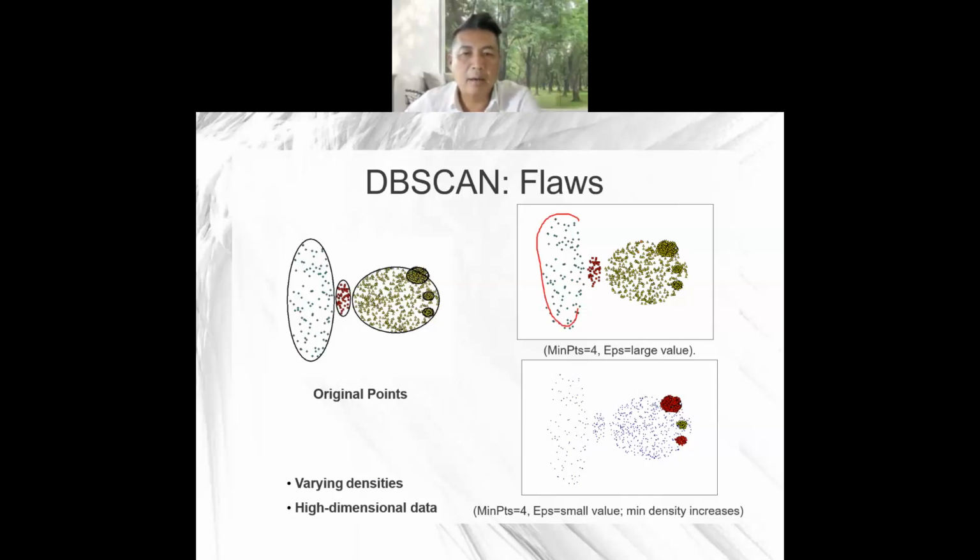And for high dimensional data, meaning that you have a large number of columns, you will not be able to cluster all of this, only this high density one. Still better than k-means.